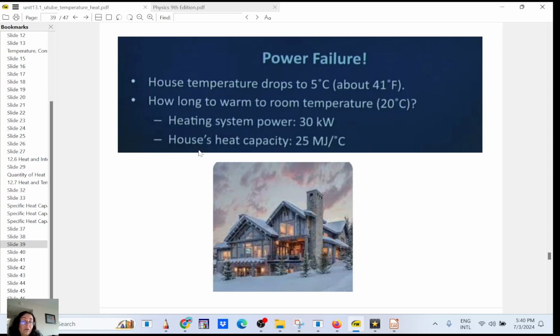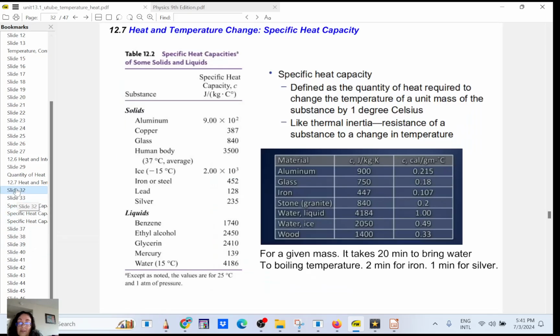And that will be the heat capacity. It's not specific heat. Specific heat depends on the material, like aluminum, iron, water. Heat capacity depends on the object. This is found by trial and error, right?